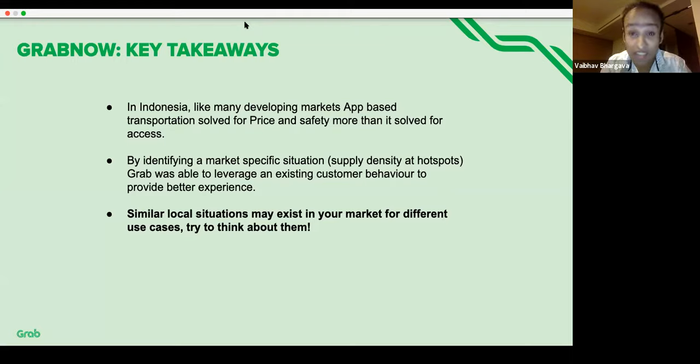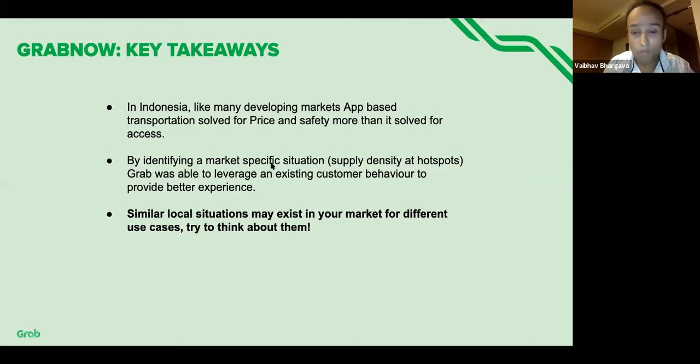In this particular situation, we were able to go deep into the customer's life in a dense hotspot, like a train station, and provide a solution which is counterintuitive in many ways, but is better for them. Something similar may exist in your market for different use cases, so I would really encourage you to think about those. I'll pause here and maybe take some questions.